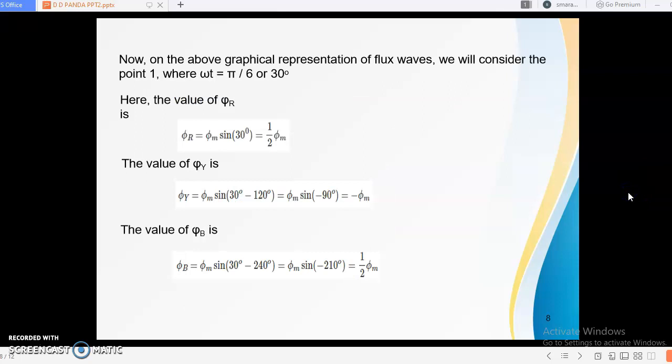Going to the next point, point 1, where omega t is pi by 6, or we can say 30 degree. Here phi r becomes phi m sin 30 degree, that is 1 by 2 phi m. Phi y becomes minus phi m. Phi b becomes 1 by 2 phi m.